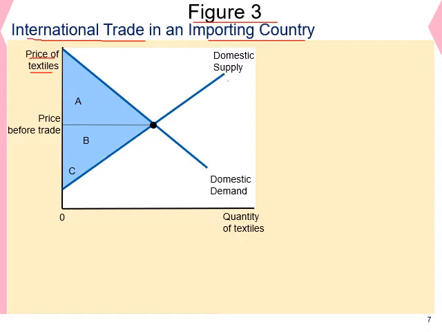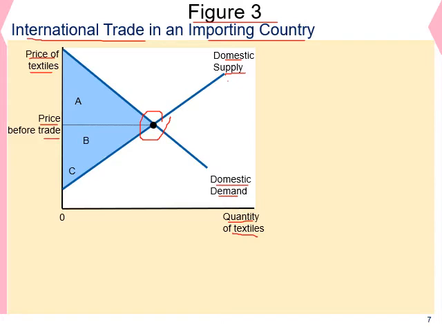The quantity demanded of textile is on the horizontal axis, or x-axis. The domestic supply of textile has a positive slope, and the domestic demand for textile is a downward sloping, negative slope. The two curves intersect at this point, which leads to the equilibrium price before trade.